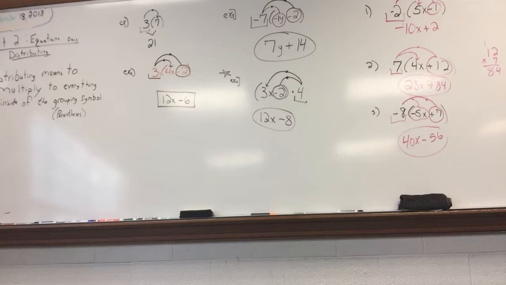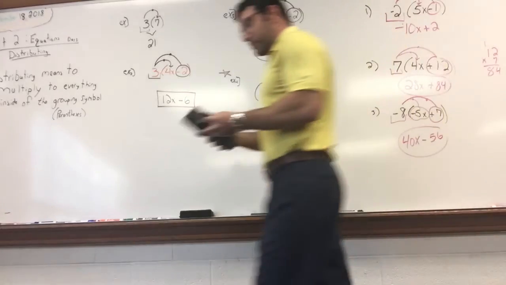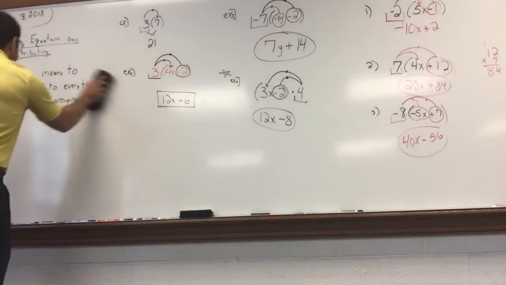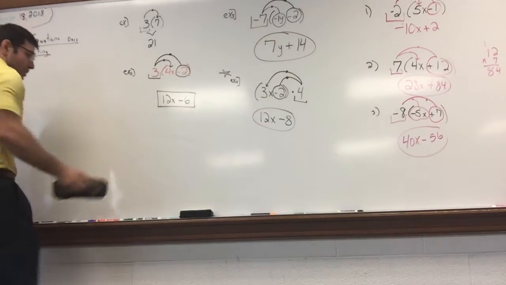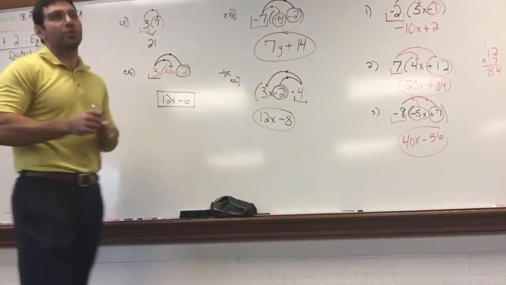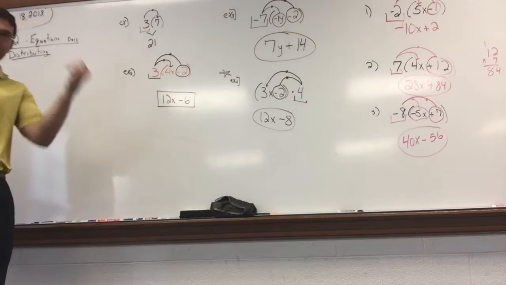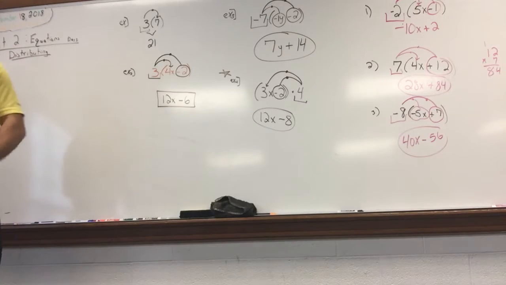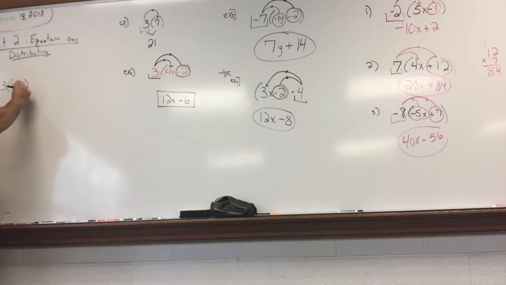We good? Okay. 3 more examples and then it's time for you to do some work. So this is distributing, but we're going to add in 2 things. So we did combining like terms, which is going to be part of distributing. If I give you 3 times x minus 7 minus 3 and tell you to simplify it, the first step is still to multiply.